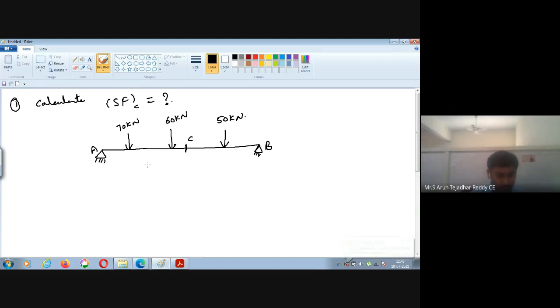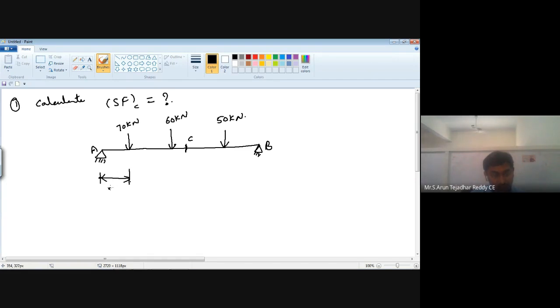From A up to the 70 kilonewton load, it is 2 meter distance. From 70 to 60 kilonewton load, it is 3 meter distance. Next, 60 kilonewton load to 50 kilonewton load, again it is 3 meter distance. From the 50 kilonewton load up to point B, it is 4 meter distance.